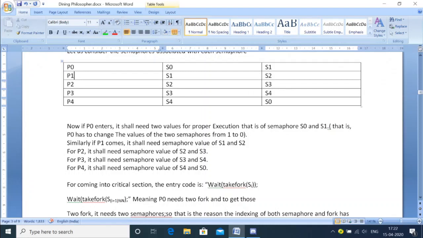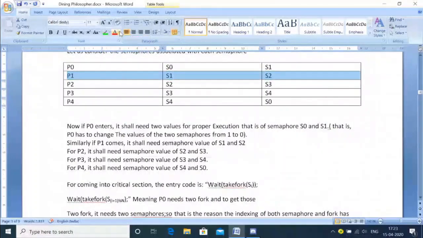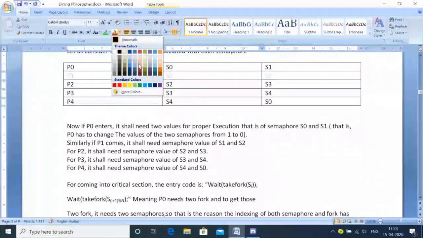Why can't it take? Because for fork F1, which it wants to take, it will check the corresponding semaphore value. Since the semaphore value is 0, it will not be able to consume it. So this is a situation where P1 will be blocked temporarily from consuming fork F1. Why will it not be able to take it?